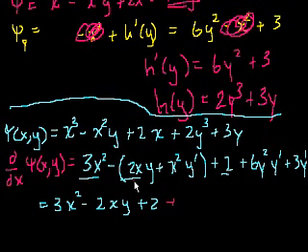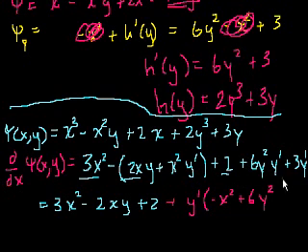Plus, let's just put the y prime outside. y prime times, so you have a negative sign out here, minus x squared plus 6y squared plus 3. So this is the derivative of our xi as we solved it.